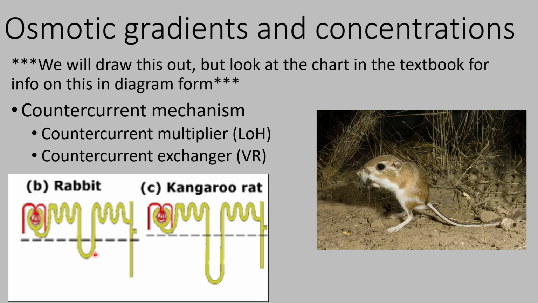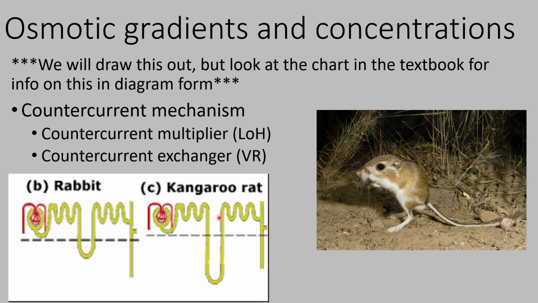They have some with long loops of Henle like us, and even their long loops of Henle like ours, compared to a kangaroo rat, well, a kangaroo rat, their long loops of Henle make our long loops of Henle look short. Kangaroo rats have very long loops of Henle and very few cortical nephrons.